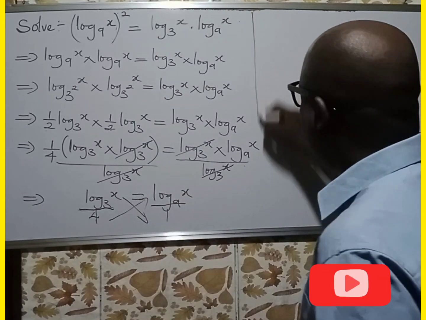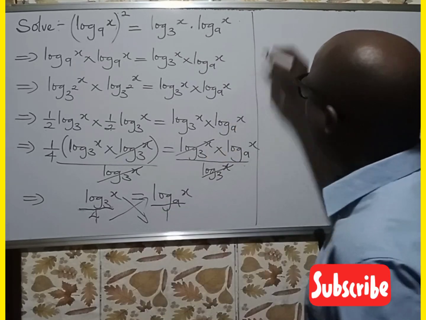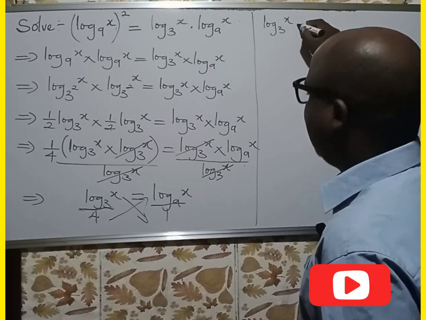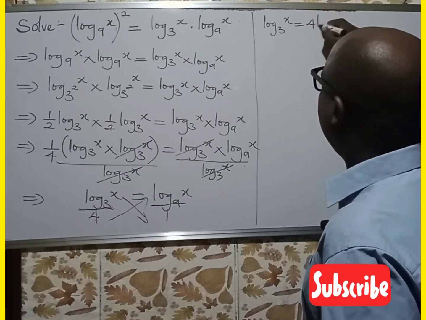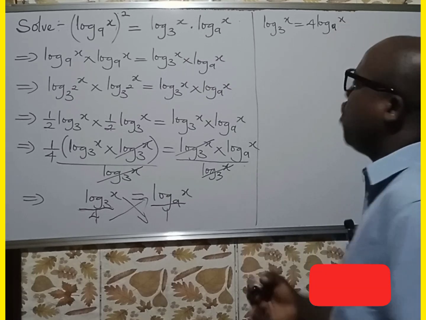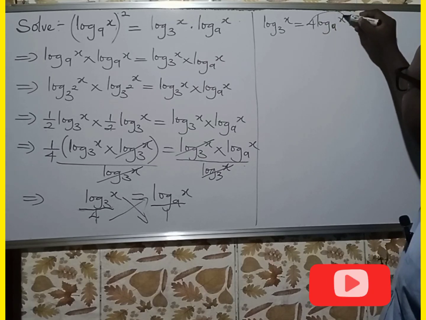If I cross multiply that, this one goes to the other side. So we have log_3 x is now equal to 4 log_a x. And when you have something of this nature, the coefficient can also serve as a power.